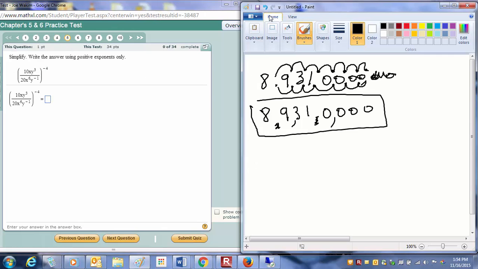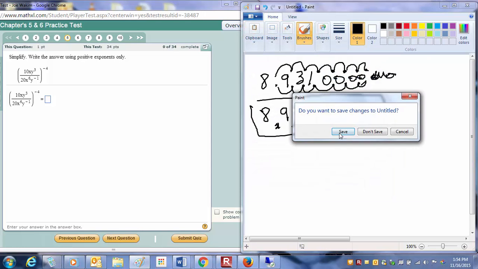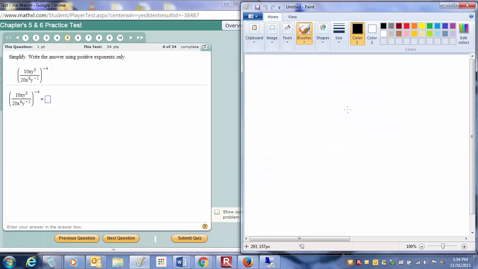In this problem here, we need to again simplify. And what we can do here, the best way is to flip the fraction and make it a positive exponent. So let's go ahead and start with this. We have 20 x to the power 6 y to the power negative 1 divided by 10xy cubed, and all of this is raised to the power negative 4.